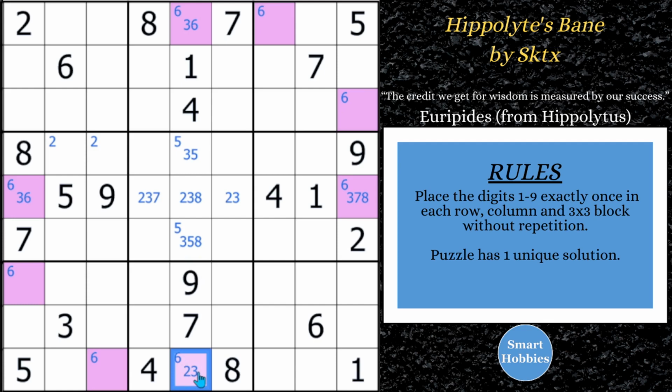The reason you can eliminate the 6 is because if you work through this chain, because this is a type of alternate inference chain, basically you come to the conclusion that either a 6 is right here, if you went this way, or if 6 is not right there, then this cell would be a 2. And so then you would never have a 6 in this cell because the 6 would block it out or the 2 would solve the cell. So that's how it works.